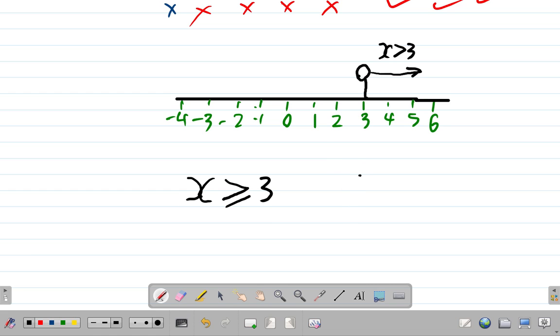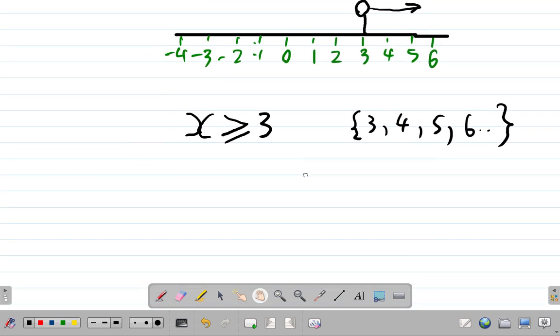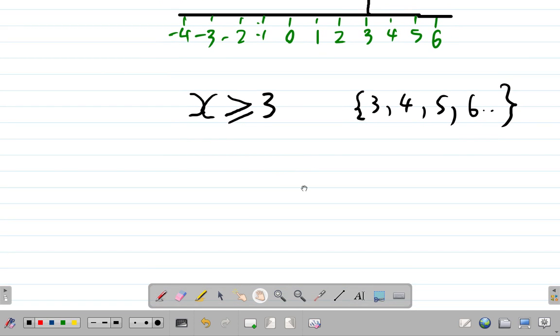So the set of numbers starts with 3. So you have 3, 4, 5, 6, and so on.